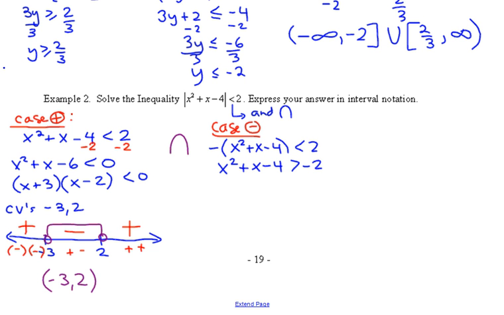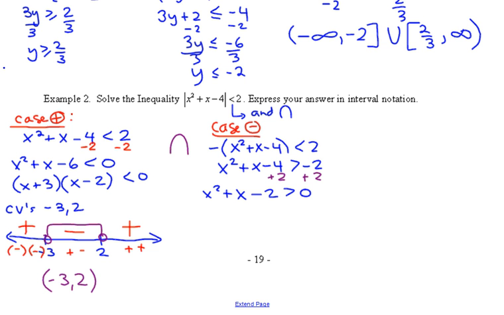Okay, now what? Because we have an x squared, move everything to one side first, and then factor. X squared plus x minus 2. When is that greater than 0?